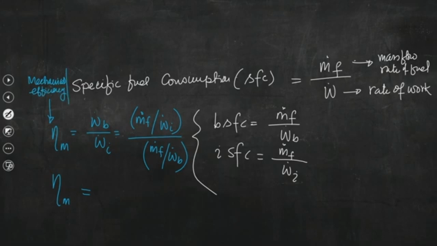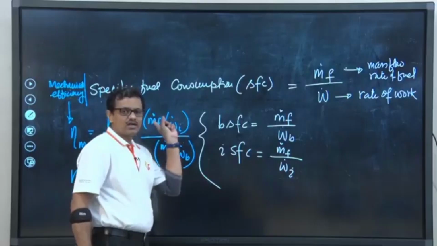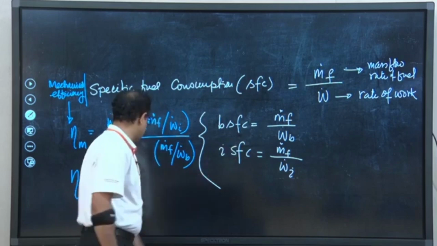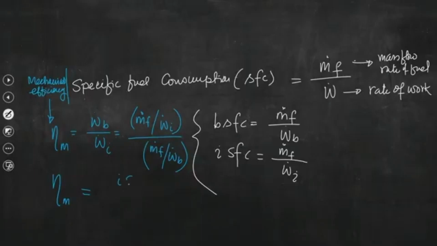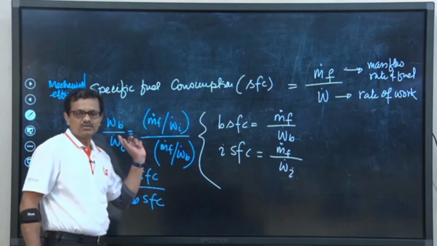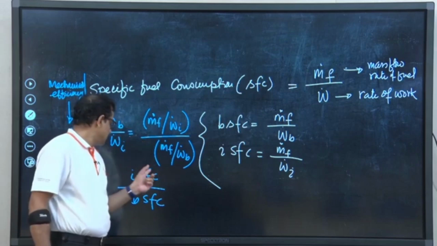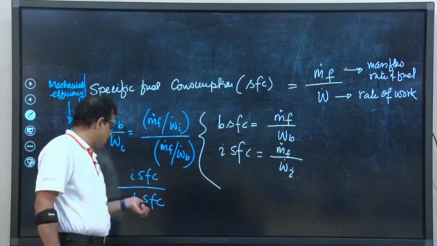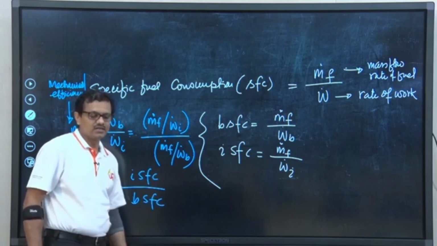What is m dot F by W dot I? Indicated specific fuel consumption. So, we can write ISFC divided by BSFC. So, again we could write mechanical efficiency in terms of the specific fuel consumption. You can see that the indicated specific fuel consumption is always less than the brake specific fuel consumption.